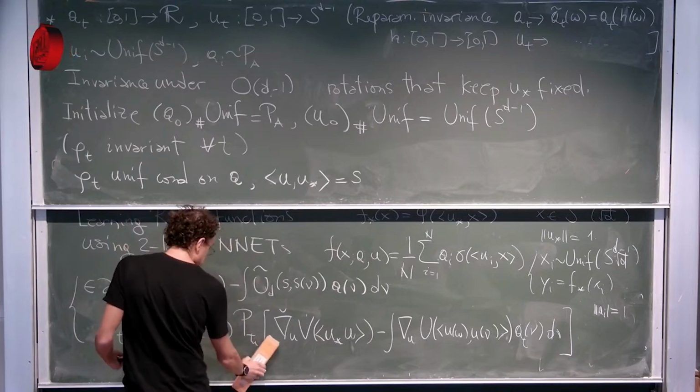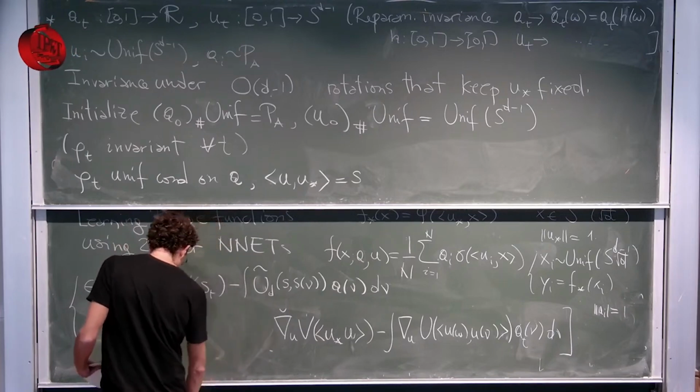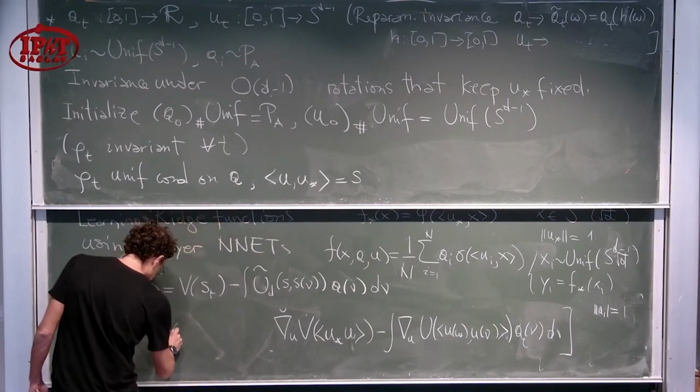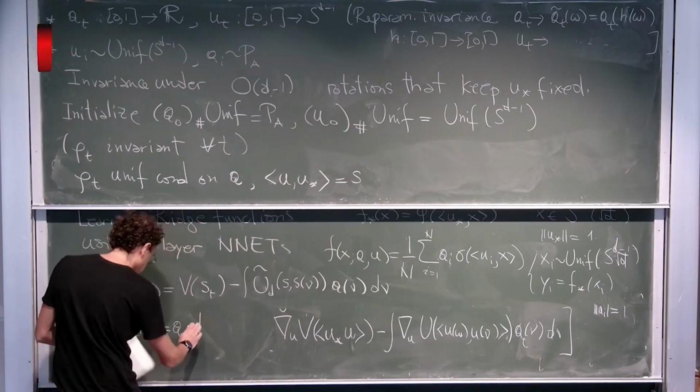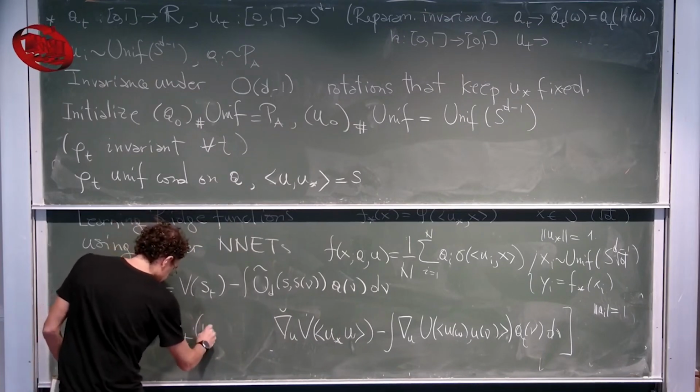Because of the projector, a factor comes out: square root of 1 minus S squared.